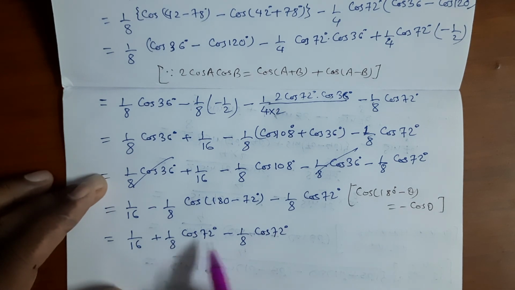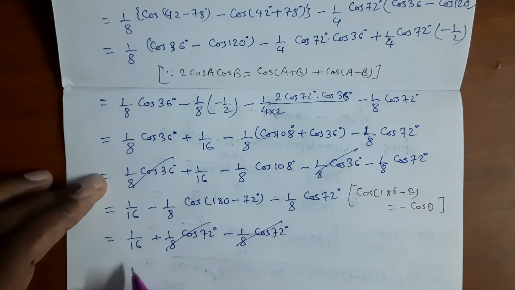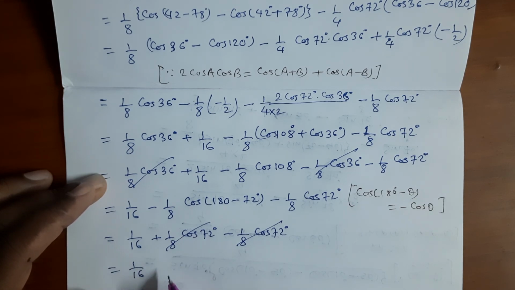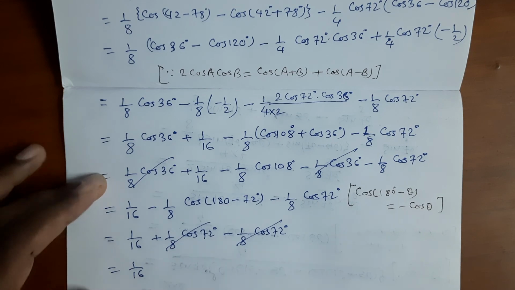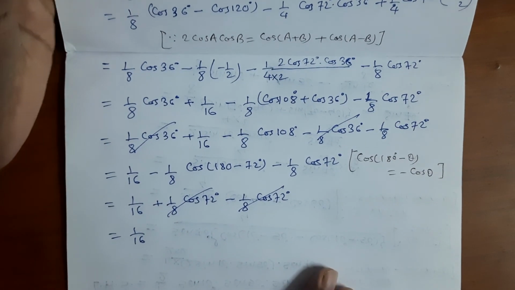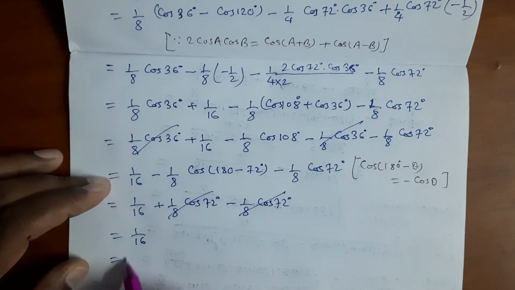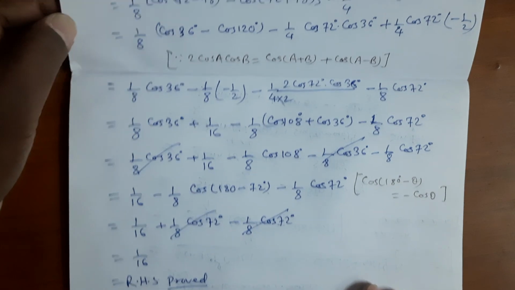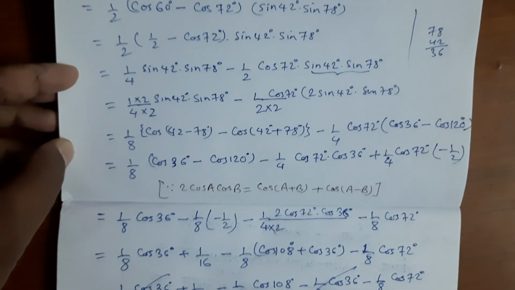So it has plus sign, it has minus sign, so this can be cancelled, and we have got 1 over 16, which is right hand side, RHS, proved.